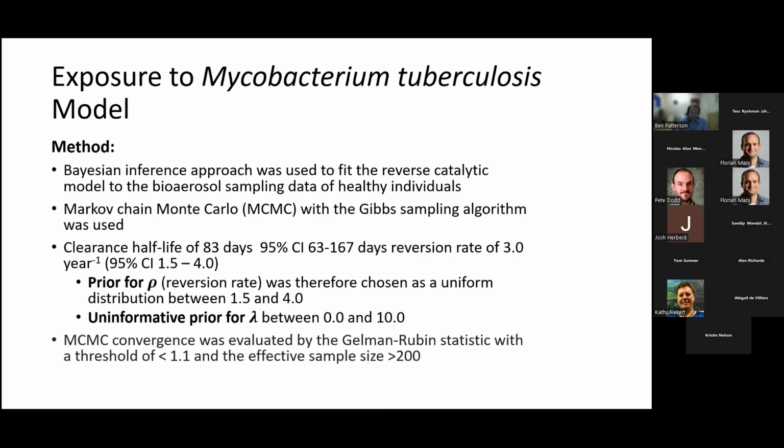Because lambda's the parameter we're interested in, we left that as an uninformative prior between 0 and 10. We then used fairly standard measures to determine convergence of the chains, which was easily achieved: a Gelman-Rubin statistic of less than 1.1 and an effective sample size of greater than 200.